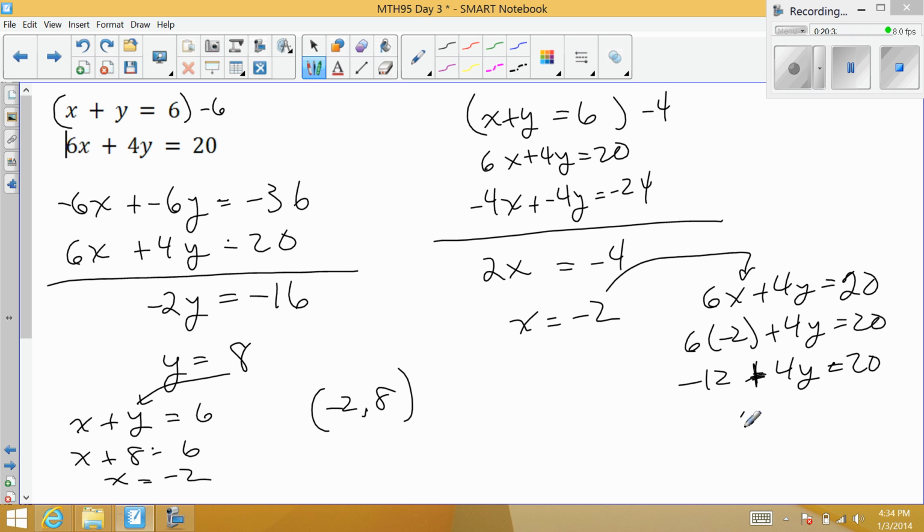And add 12 to both sides, I get 4y equals 32, sorry. Dividing by 4, y equals 8. And again, the solution, negative 2, positive 8. So there are multiple correct approaches you can use when you're solving by the combination method.